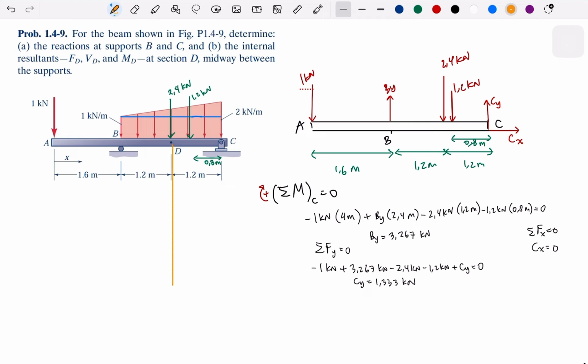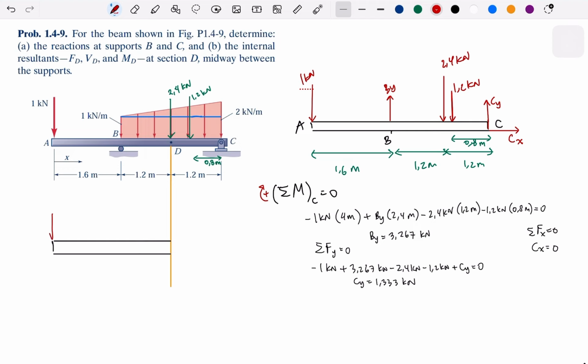Let's make this line a reference. The distance is now only at 2.8, right?